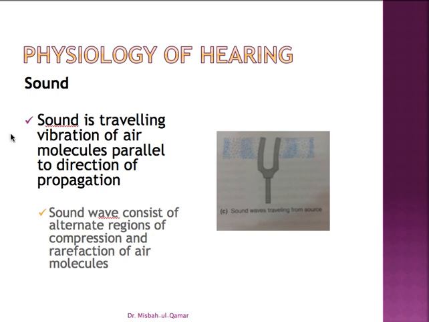As you can see in this diagram, there are regions of compression here, and then there are areas of rarefaction where the air molecules are quite dispersed. Any device that produces such pattern of vibrations becomes a source of sound.